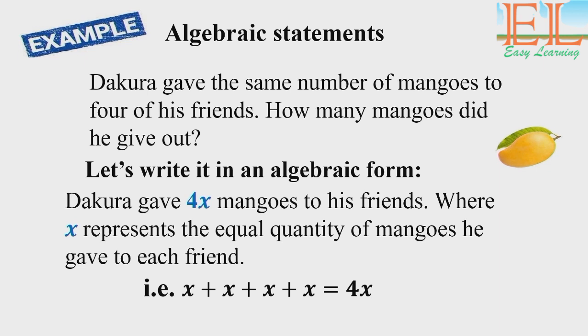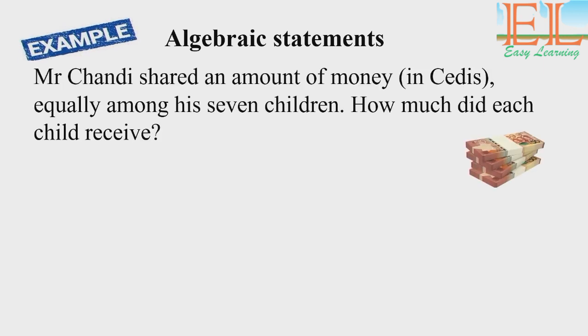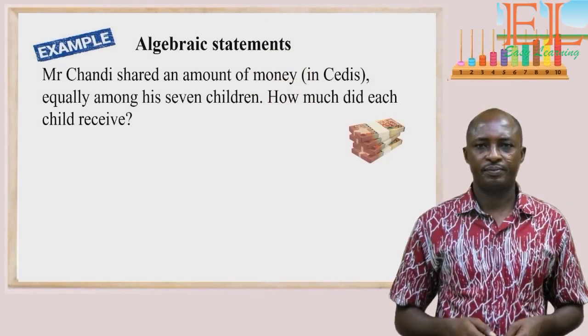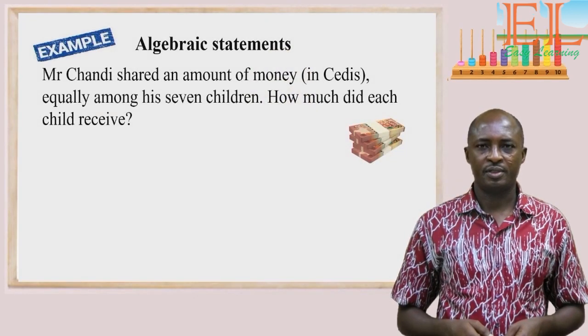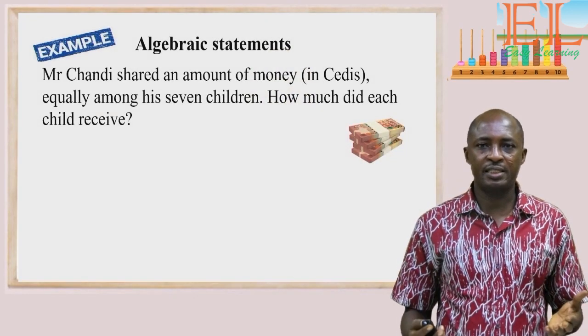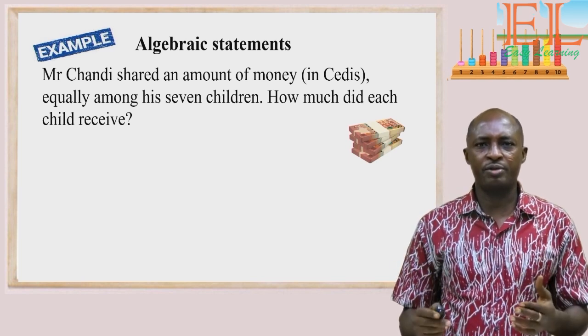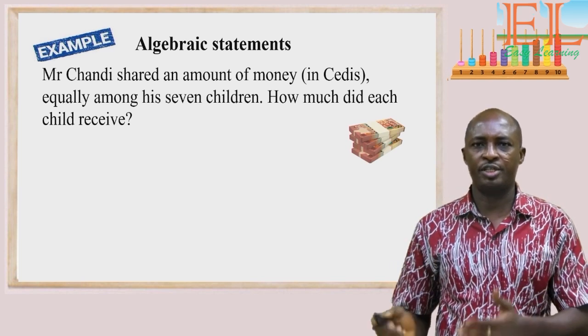Now let's look at yet another example. Mr. Chandy shared an amount of money in cedis equally among 7 of his children. How much did each child receive? So you see here again, we don't know how much Mr. Chandy shared. So what we can say is, let X represent the total amount Mr. Chandy shared.